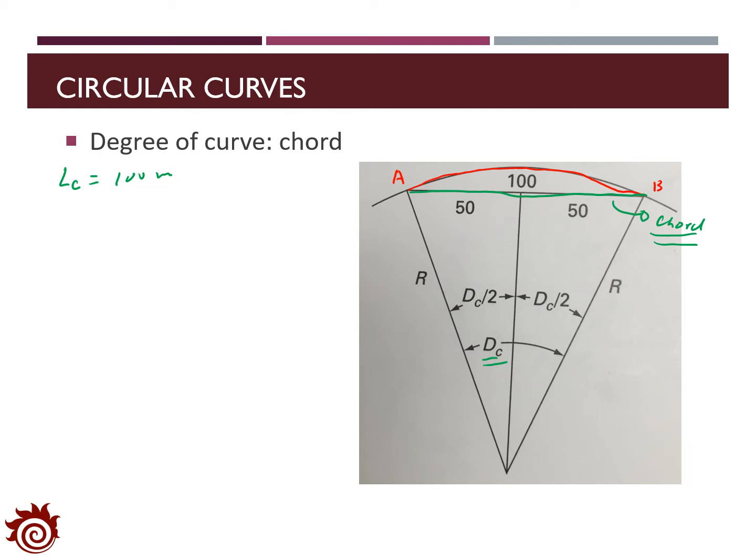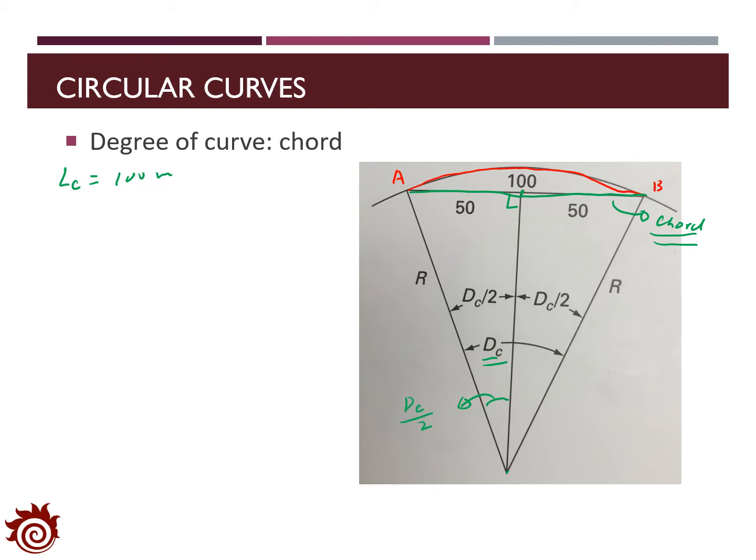From this figure, you can see that if we connect the center of the circle with the midpoint of the chord from A to B, then we will have a right triangle, and the value of the angle here is half DC.